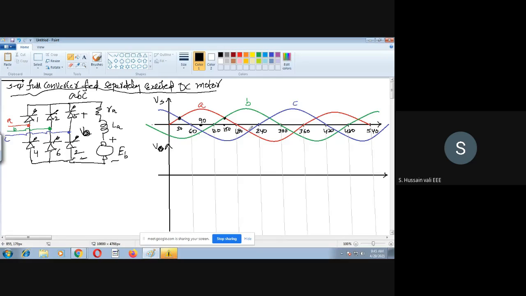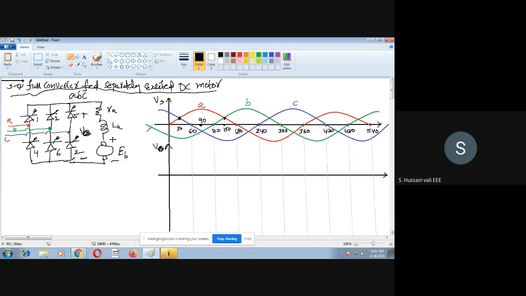Now you see the A phase. A phase is highest from 30 to 150. So that part we will draw now. This operation of the three-phase full converter, I hope you might have studied even in the power electronics course.